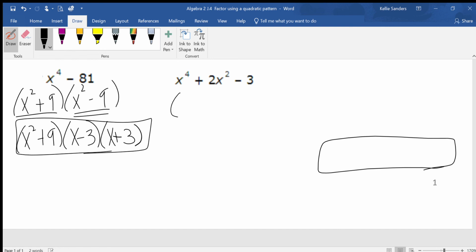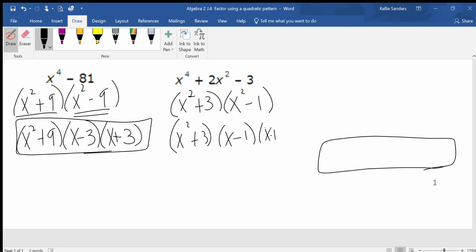Here's your answer. X squared plus 3, x squared minus 1, x squared plus 3, x minus 1, x plus 1. If you haven't figured it out yet, you must close all your parentheses or it's going to count it wrong.